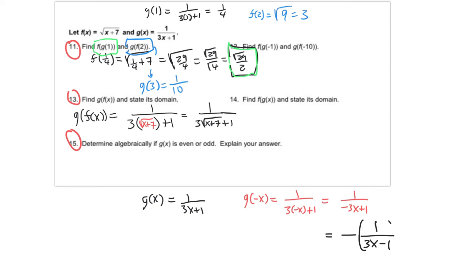So if you were to factor out a -1, it would become negative this, okay? Now, if it was -1 over 3x plus 1, then we'd be having an odd function, because you know it's an odd function if after plugging in -x, you end up with negative of the original function, okay? But we have negative with 1 over 3x minus 1.